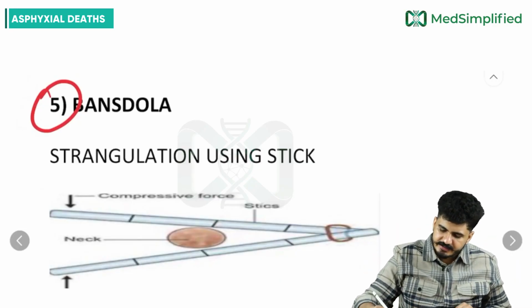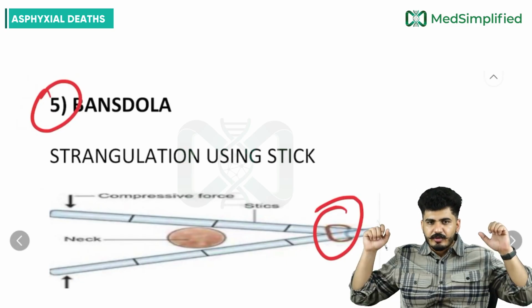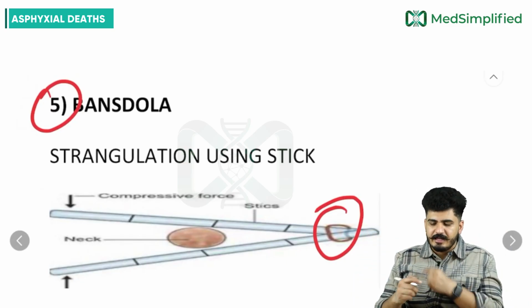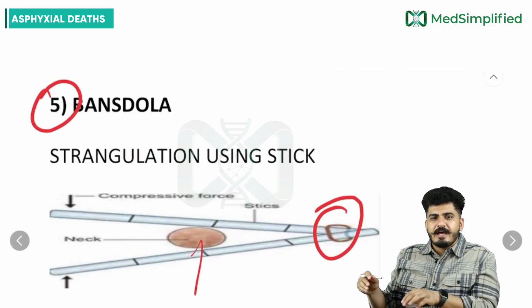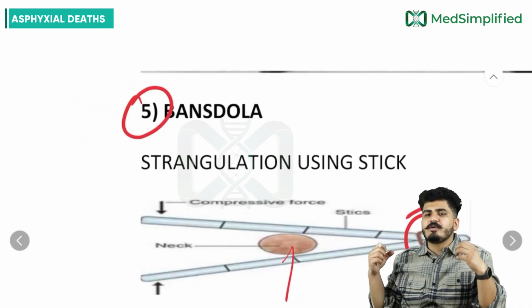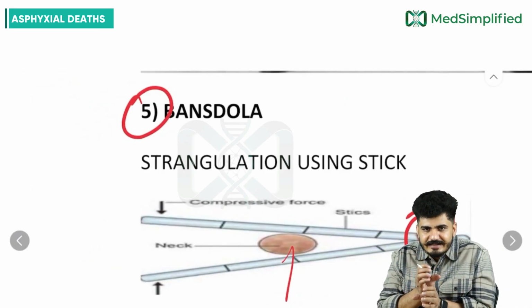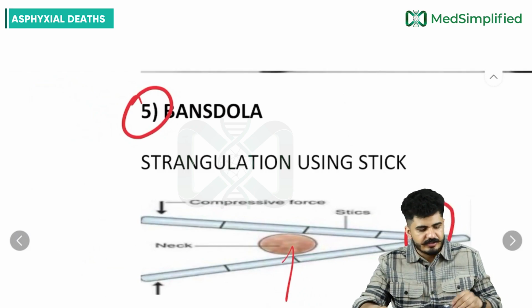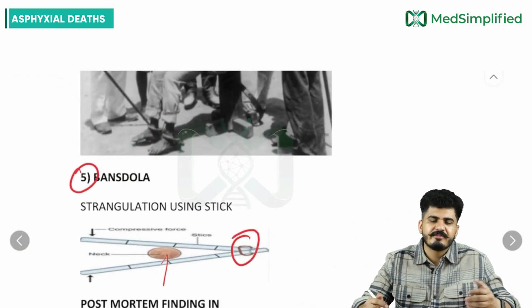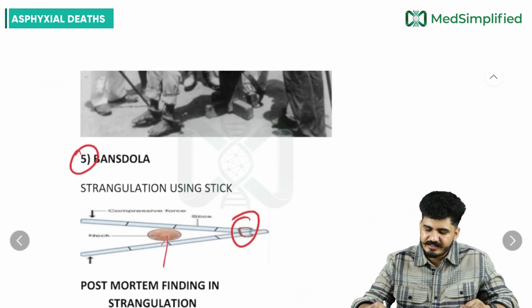You can see here, sir, one end is tied with a knot, and from the other end you put the neck in between. The moment you try to bring the ends close, there is strangulation of the neck. Bans, you know, means a stick. Bamboo stick is also called Bans in Hindi.